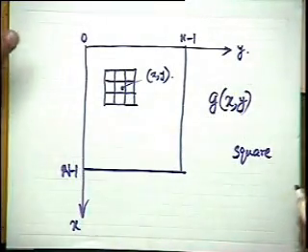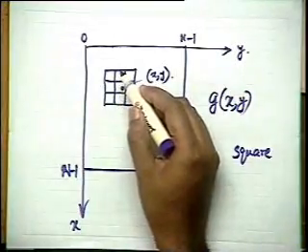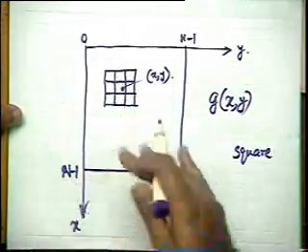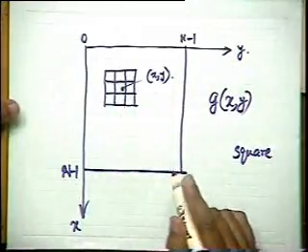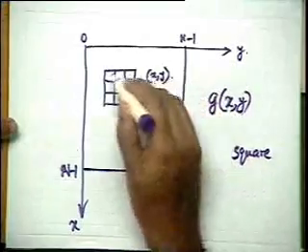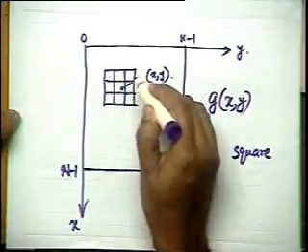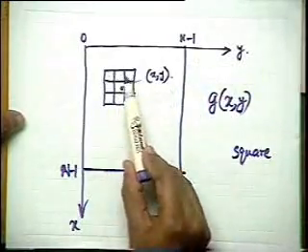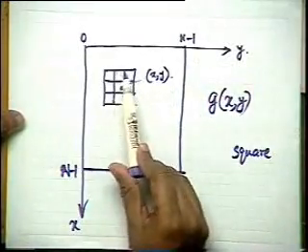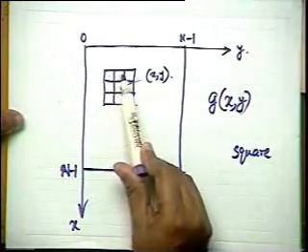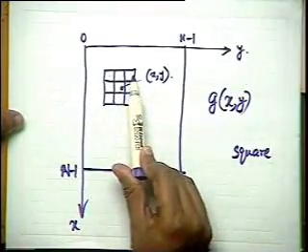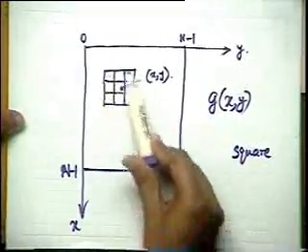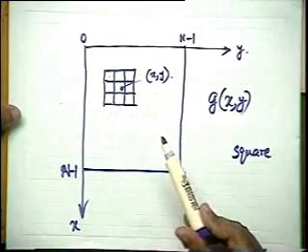And the intensity value of the processed image is very much dependent upon, if we go over to the f domain, f meaning the original input image, the intensity values at the points x minus 1 y minus 1, x minus 1 y, x minus 1 y plus 1, and so on, all these 9 pixels, because I have considered a 3 by 3 sub-image size.